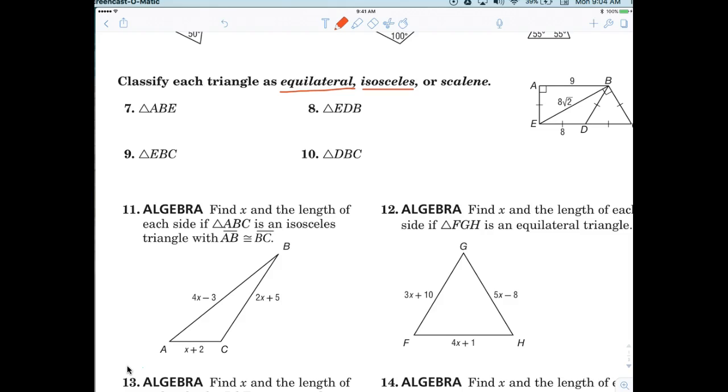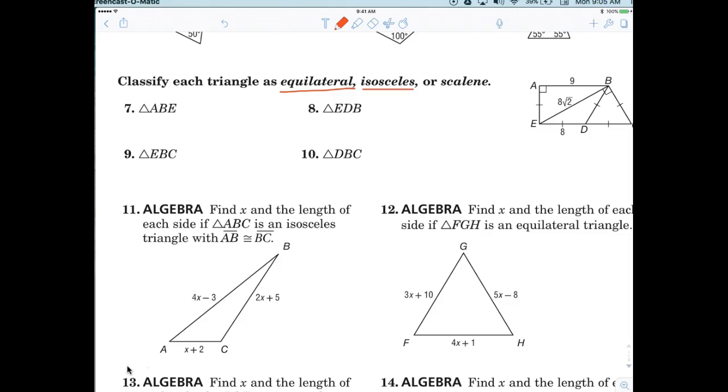But again, that's not the definition. The definition of isosceles is at least two sides. So every time you write equilateral, you're supposed to also write isosceles, but I'm not making you do that. I want the definition to be equilateral, all three sides, isosceles, two, and scalene, no sides are equal. Is everybody with me on this?